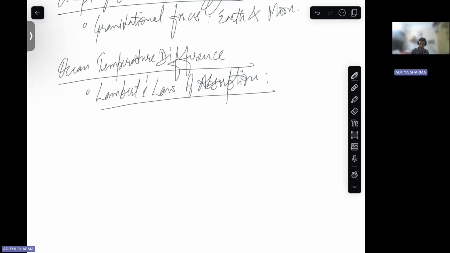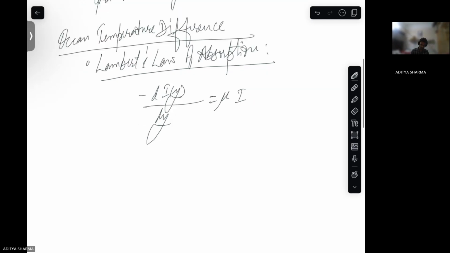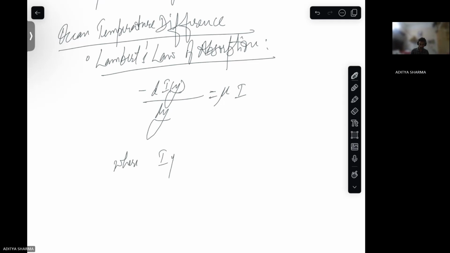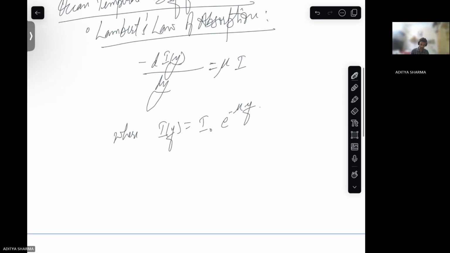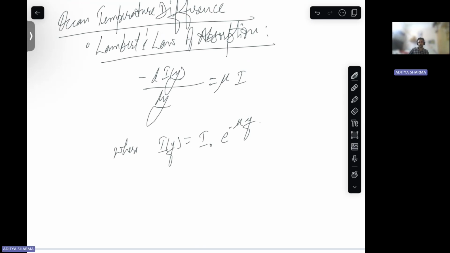Which basically says that, where I of y is the intensity, so this is your Lambert's law of absorption.